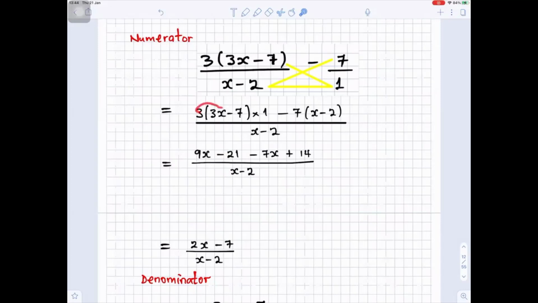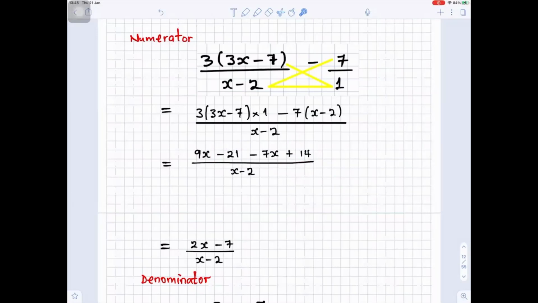So 3 times 3x will give you 9x. 3 times minus 7 gives you minus 21. Minus 7 times x will give you minus 7x. And minus 7 times minus 2 will give you plus 14. So 9x minus 7x gives you 2x. Minus 21 plus 14 gives you minus 7, all over x minus 2.